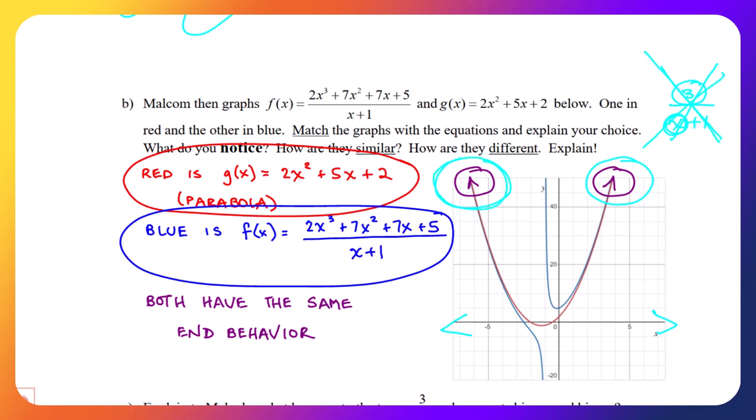And sure enough, the ends of the graph start to look the same. The ends of the parabola and the ends of the blue graph start to almost overlap. In the middle, they're different, but the end behavior is very, very similar.